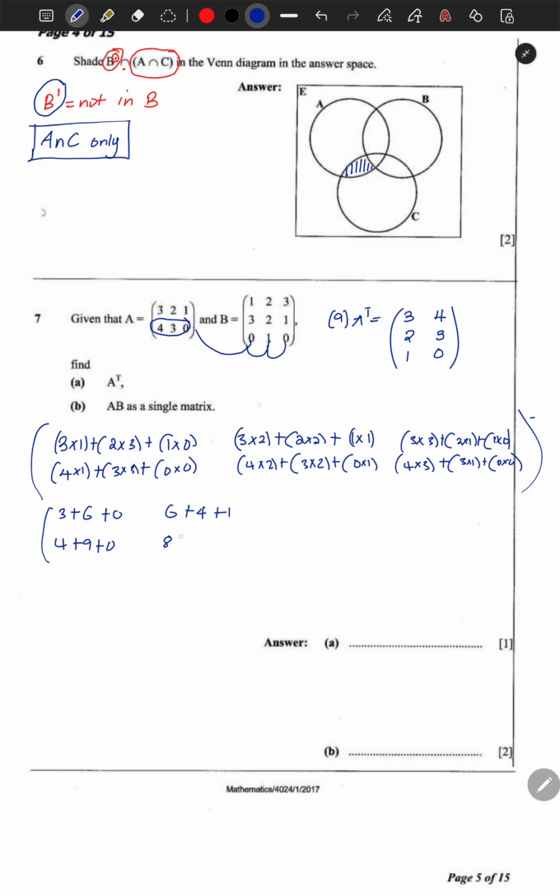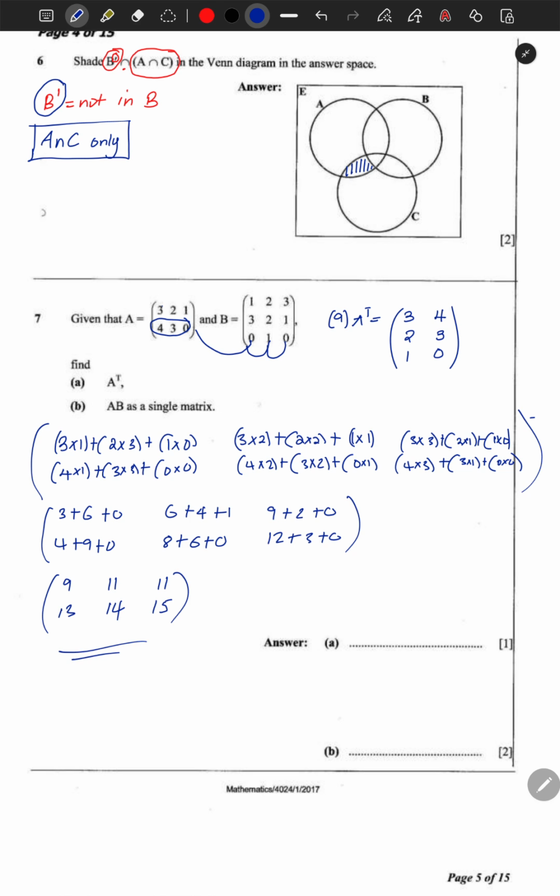Here we get 8 plus 6 plus 0, we get 9 plus 2 plus 0, and 12 plus 3 plus 0. This will give us 9, and we get 11 here. What do we get here? 11. What do we get here? 13, then 14, then 15.